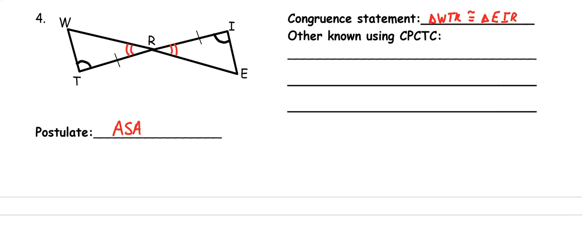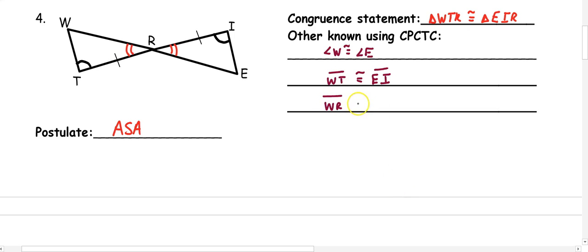And now that we've done that, we can use CPCTC. So we know that angle W is now congruent to angle E. WT is congruent to EI. And WR is congruent to ER.